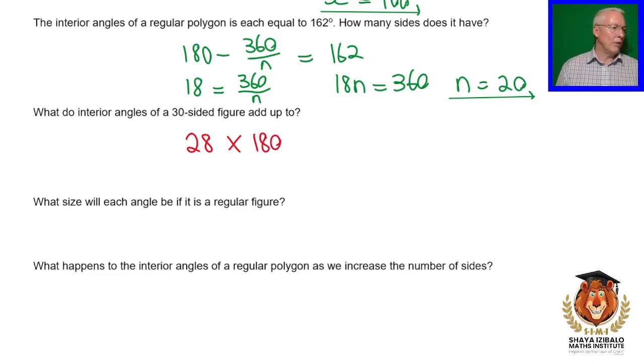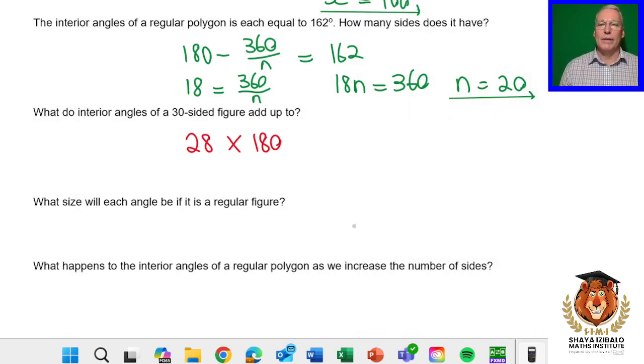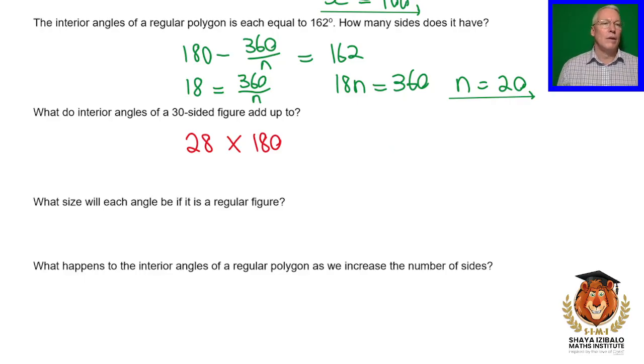Okay, and let's work out what that is. 28 times 180, and we get 5,040 degrees. So a 30-sided figure's angles will add up to 5,040 degrees.